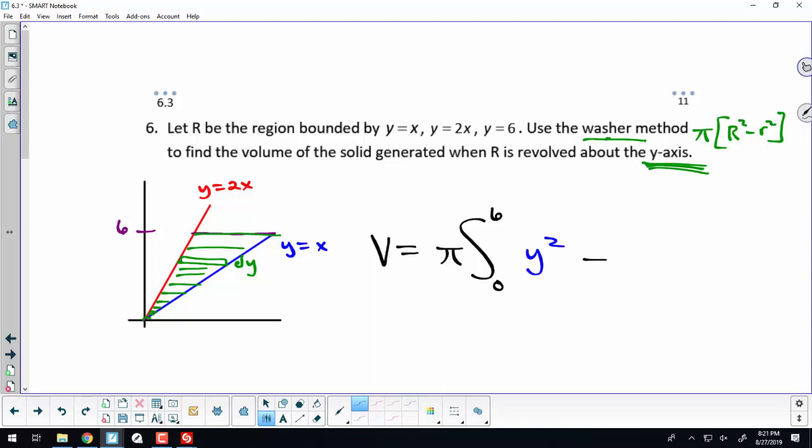We subtract off our inner radius generated by the function closest to the axis of revolution, which is y equals 2x. We want it in terms of x equals y over 2, so it's y over 2, the inner radius, and we have to square that. So there's outer radius squared minus inner radius squared times pi.